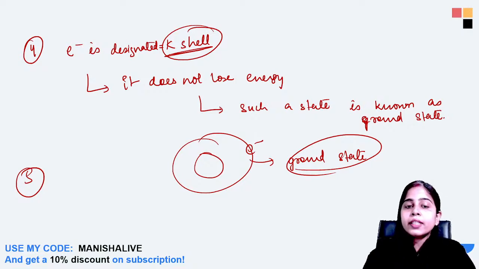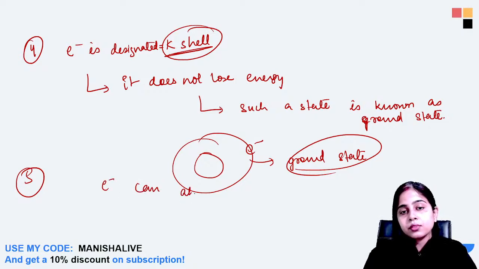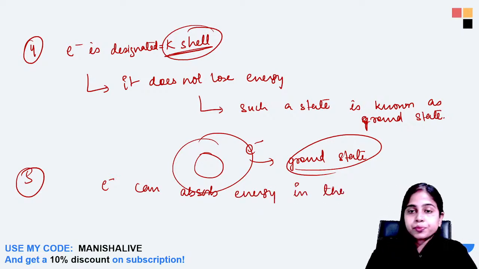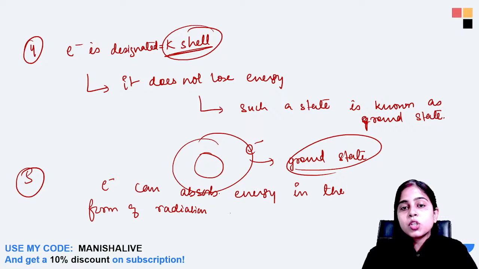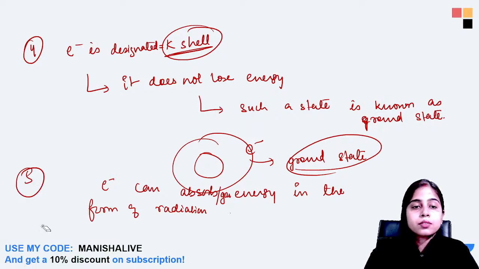So whenever it jumps from one stationary orbit to another, there is emission and absorption of energy in the form of radiation. So electrons can absorb energy in the form of radiation. Absorb or gain, you can say. Sorry, absorb or lose. You can write absorb or lose.